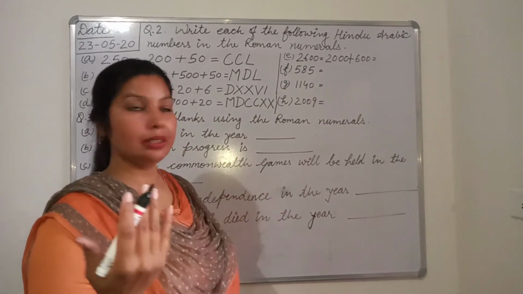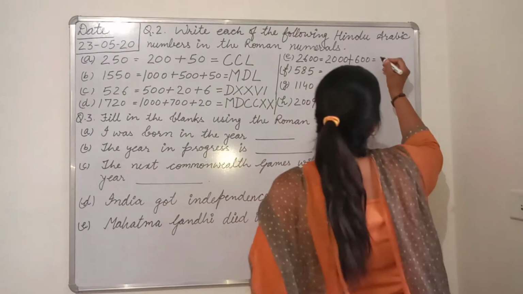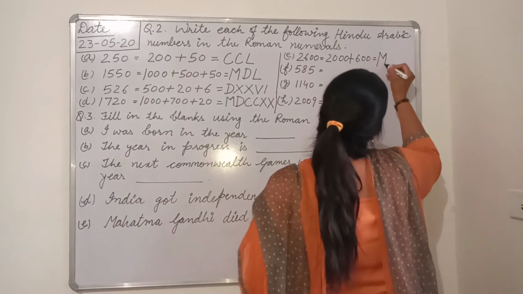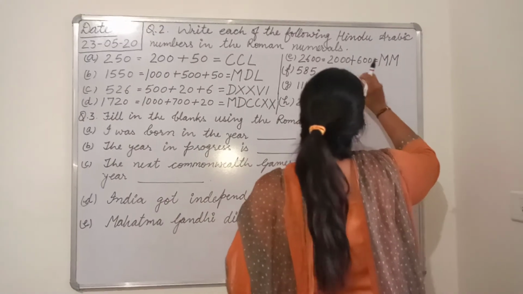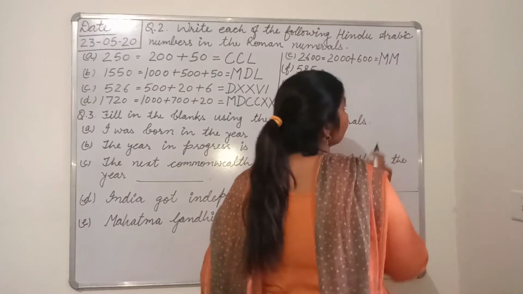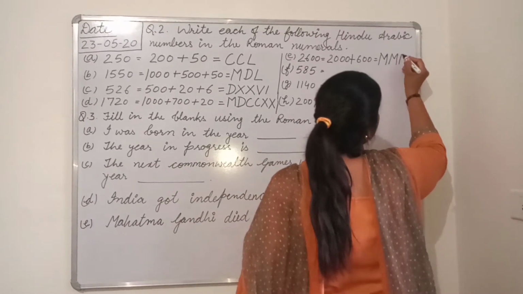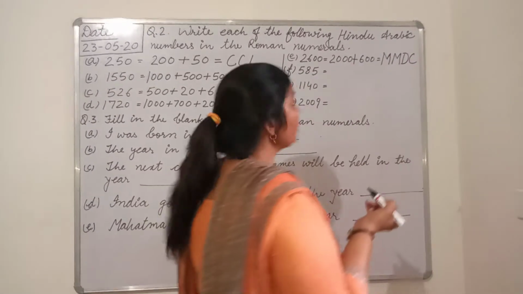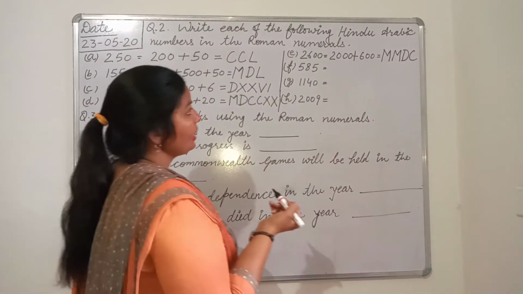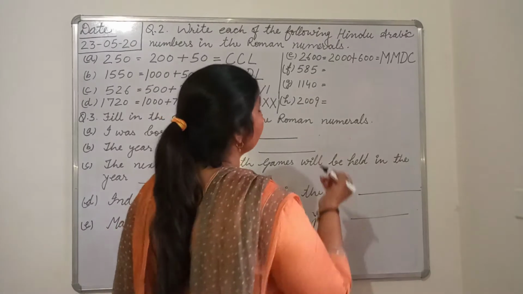M we can repeat. So for 2000 we will write MM. Now 600. How to write 600? D means 500, and after that C. So it becomes 600.